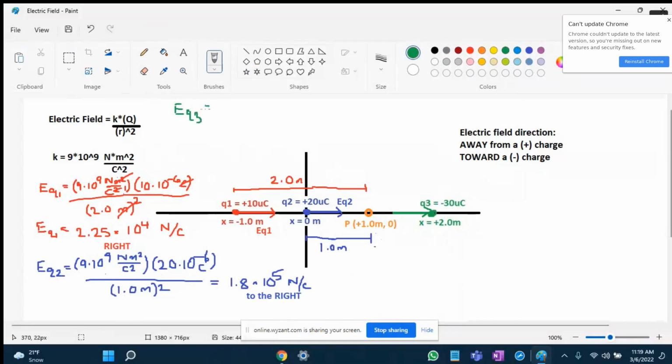EQ3, so you have 9 times 10 to the 9 newtons times meter squared over C squared times Q3, which is 30 times 10 to the negative 6 coulombs. The distance would be 1 meter, between plus 1 meter and plus 2 meters.